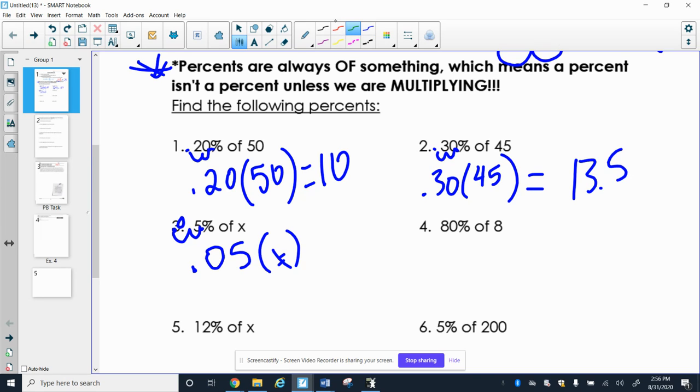Normally when we have a variable next to a number like that with multiplication, we just write it like this, 0.05x. Notice we can't multiply those together because we don't know what x is. We couldn't simplify that any further because we don't know the number that x is representing. It's a variable.